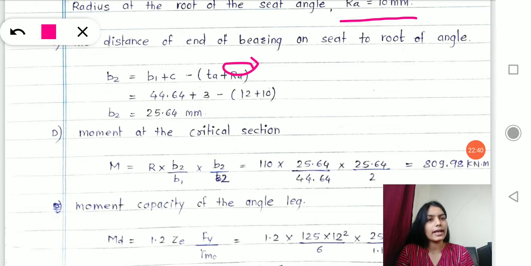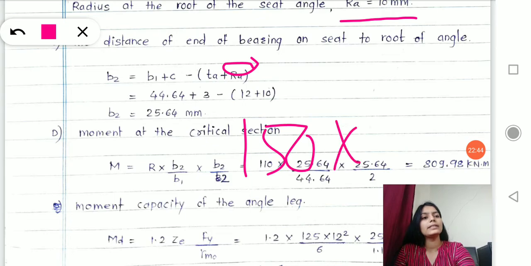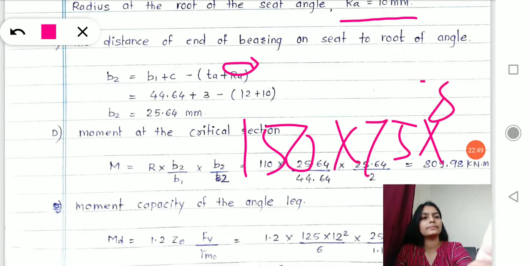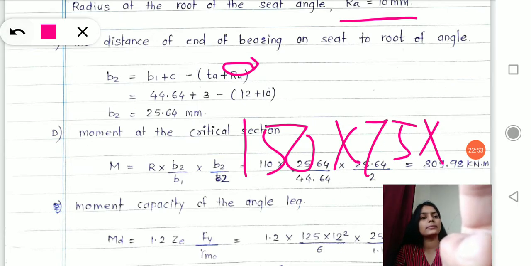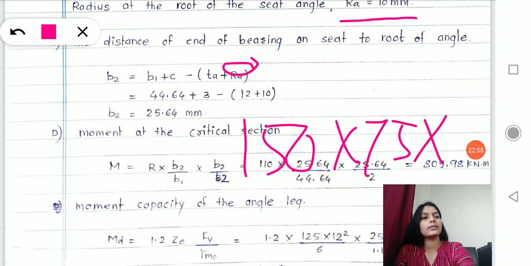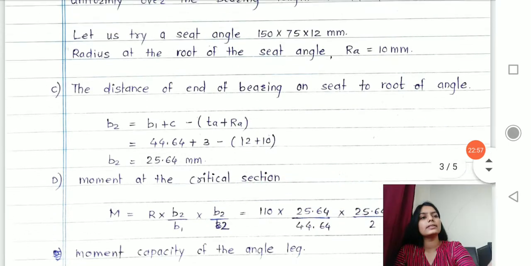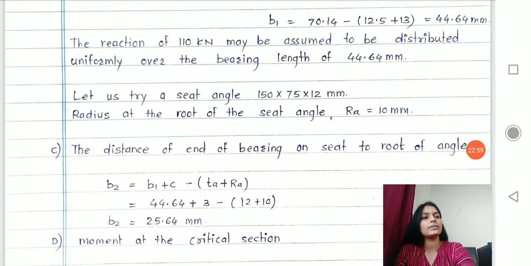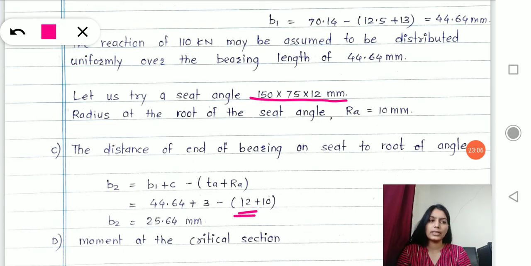Then thickness of angle is 12 mm, because I used angle 150 by 75 by 12 mm thickness, not 8 mm. See it, I am assuming angle of 150 by 75 by 12 mm. Therefore, angle thickness is 12 mm.